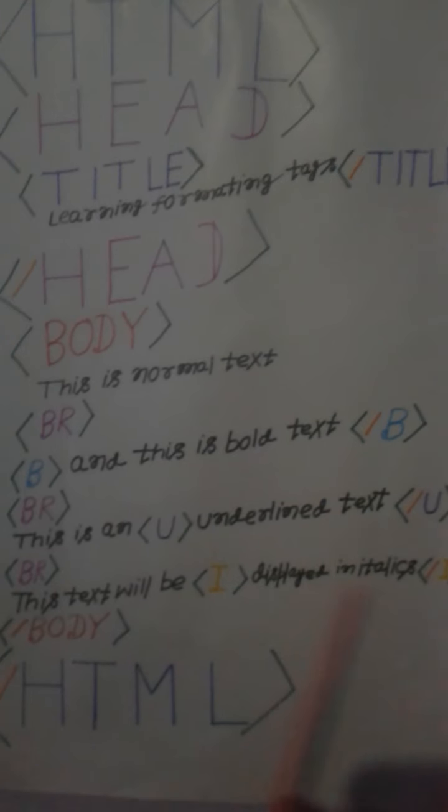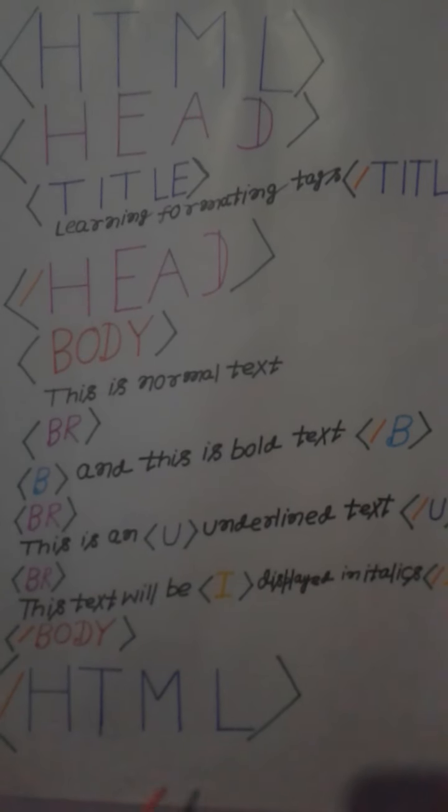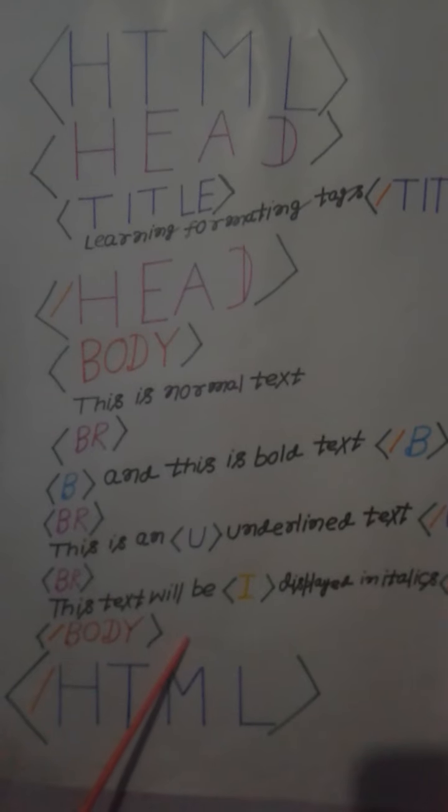Now we use I tag, and due to I tag, whatever you write here will be italic. Got it, my dear students? So save the file with HTML extension, like give your file name a.html, b.html, and see it with the help of a web browser.